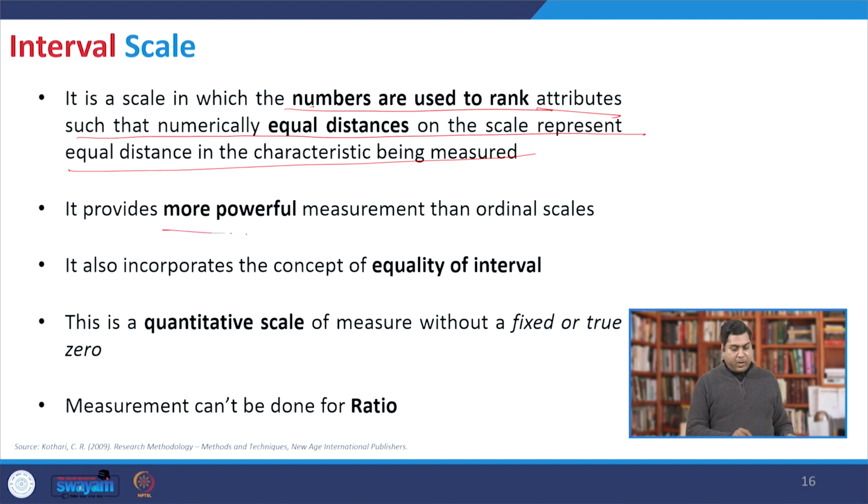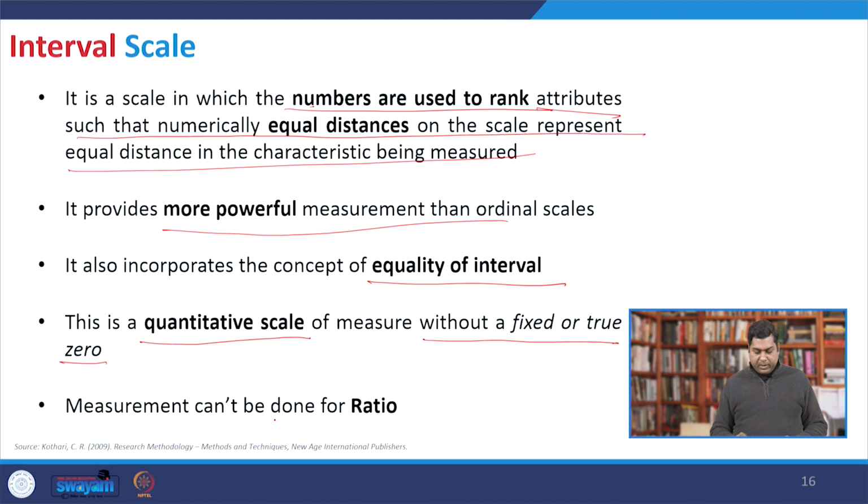It provides more powerful measurement than the ordinal scale, because the ordinal scale can only give you the order, not the intermediate value. It also incorporates the concept of equality of interval. This is a quantitative scale, whereas the other two, the nominal and the ordinal, were qualitative scales, but it is without a fixed or true zero value. Measurement cannot be done for the ratio.